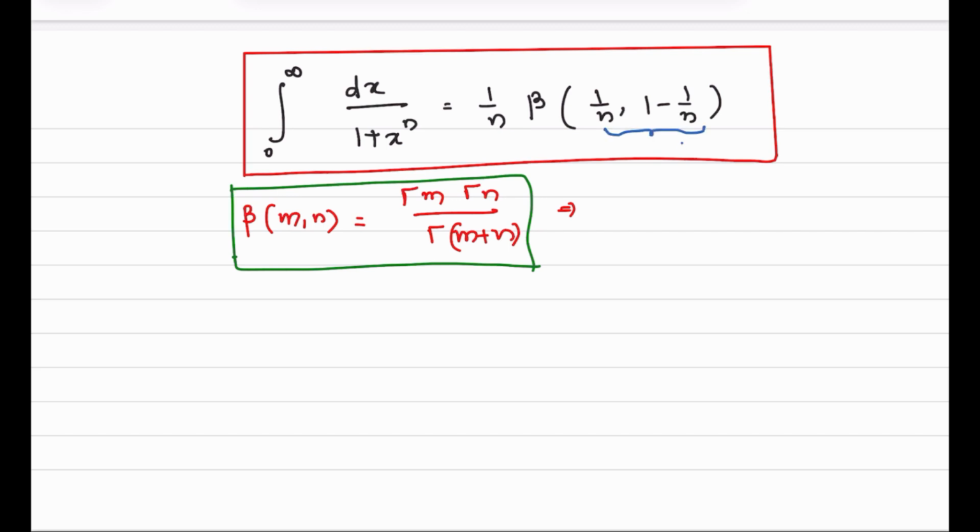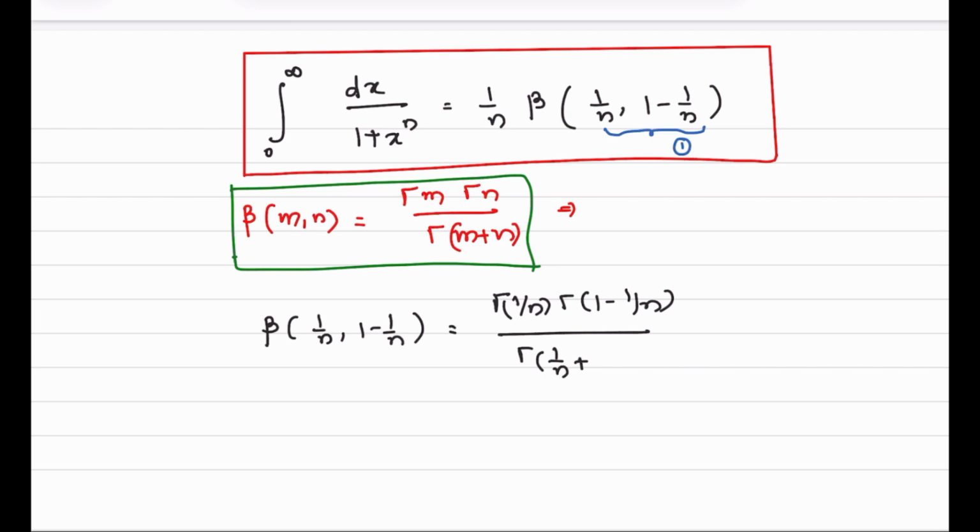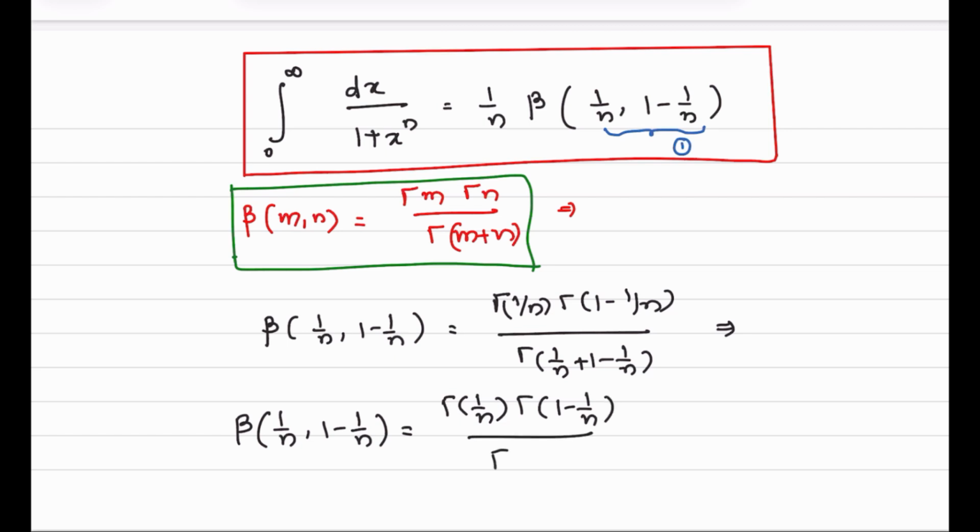Hence, beta of 1 by n, 1 minus 1 by n is equal to gamma 1 by n into gamma 1 minus 1 by n, whole divided by gamma 1 by n plus 1 minus 1 by n. That implies beta of 1 by n, 1 minus 1 by n is equal to gamma 1 by n into gamma 1 minus 1 by n, whole divided by gamma 1.